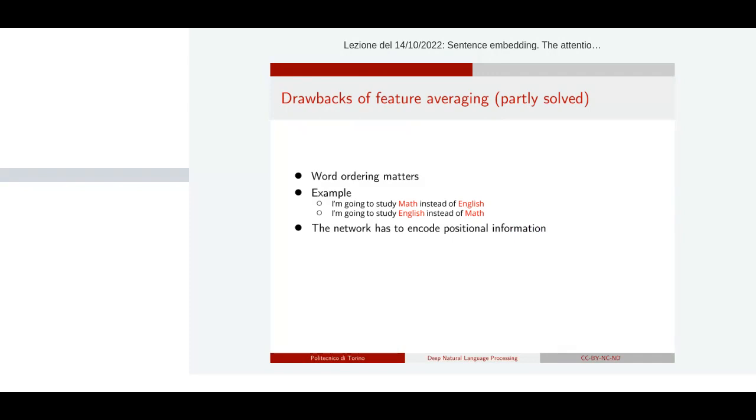Let's take a look at this example. I'm going to study math instead of English is completely different from I'm going to study English instead of math. Two opposite meanings, but the same words.